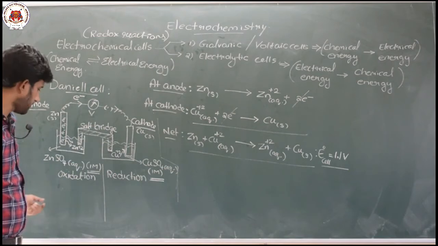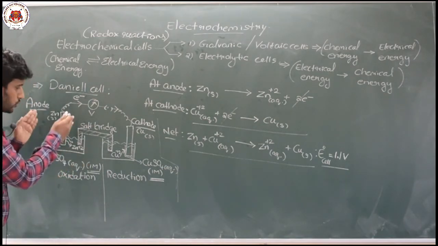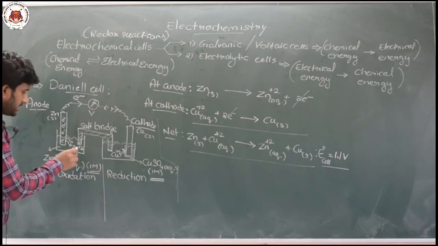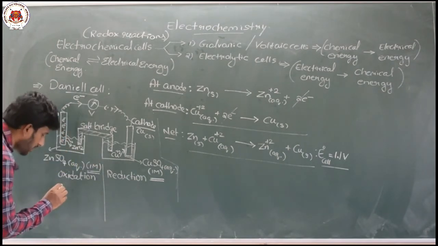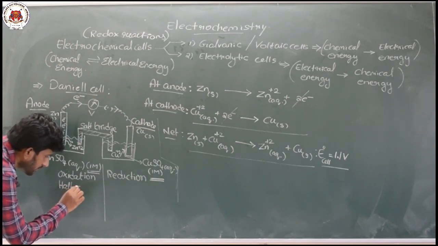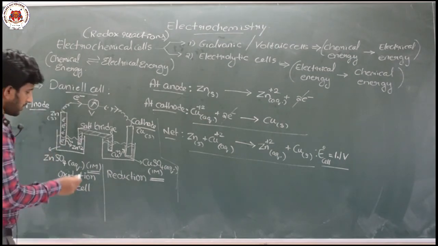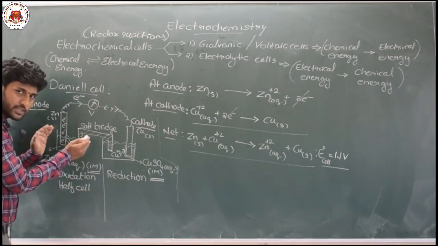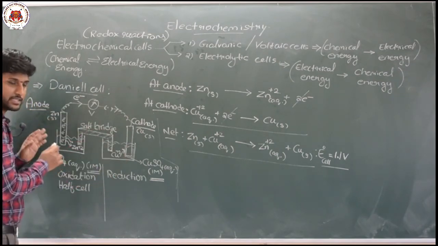Potential is produced. And also now we would like to name these 2 compartments. This beaker with zinc rod is called the oxidation half cell because in this half of the cell oxidation is taking place. This is the complete Daniell cell.